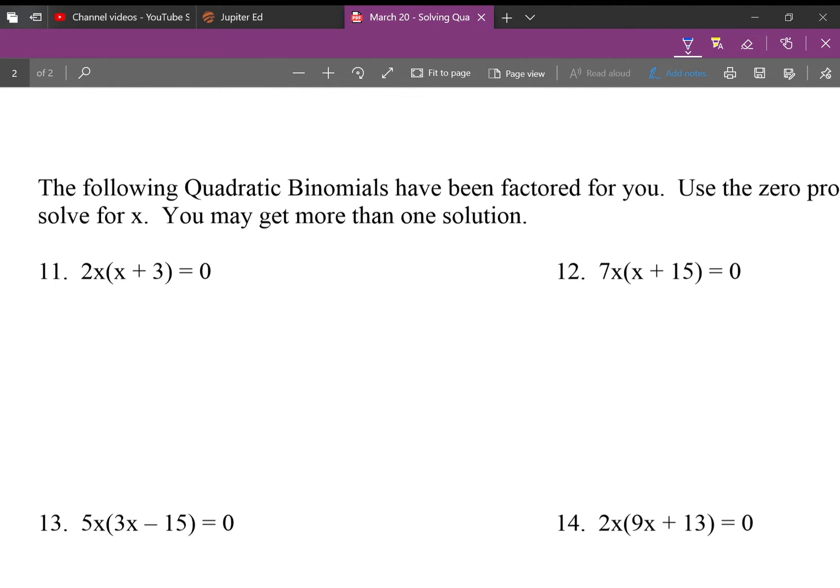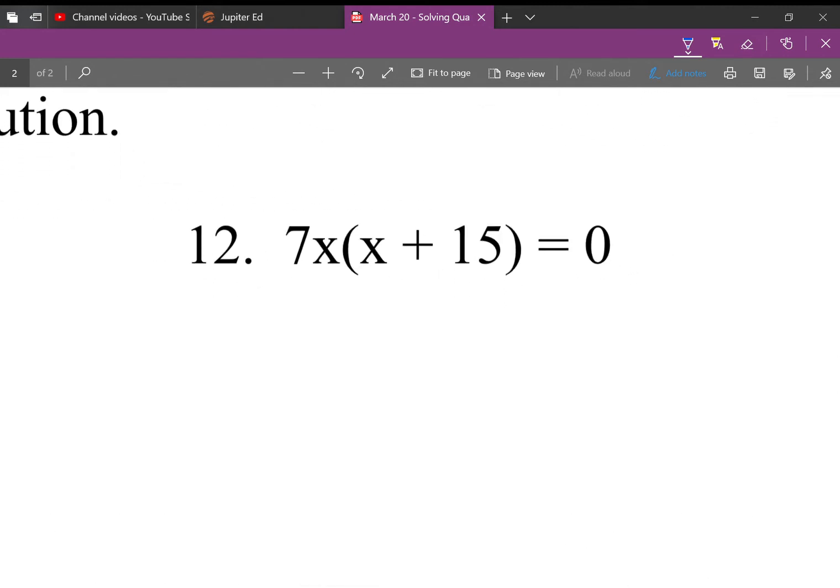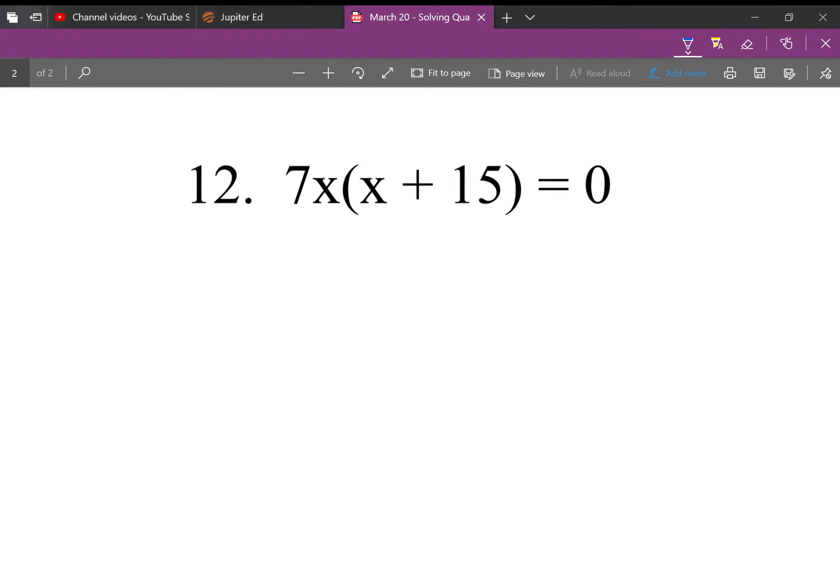And I'm going to go ahead and do problem 12. So this is a factored binomial. Its original unfactored form would be 7x squared plus 105x. You don't need to worry about that.